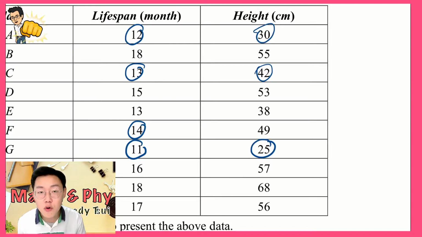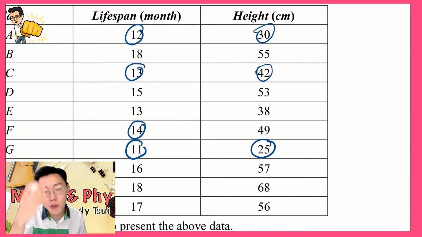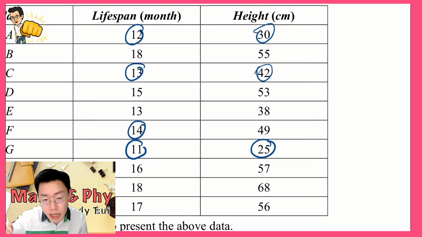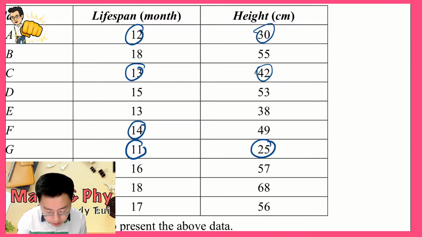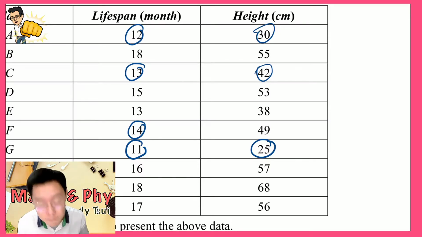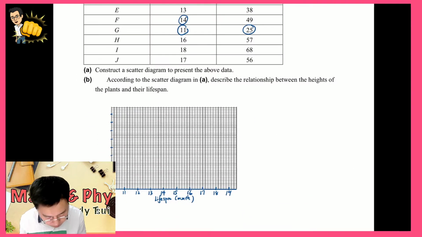For each unit, that means 5 grids on the vertical line, we need to consider how many cm is one unit, how many cm is one grid. Because it starts with 25, and then 30, 40, 50, 60, 70.